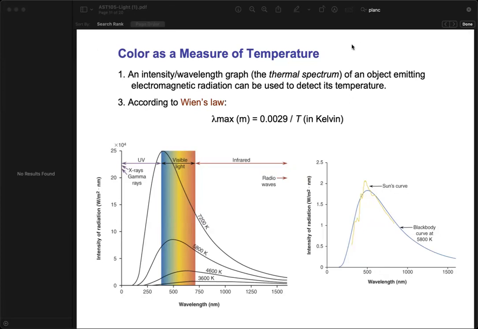With your knowledge of algebra, you will see that we can take the temperature to the left-hand side and bring lambda to the right-hand side. So then it would look like this: temperature is equal to 0.0029 divided by lambda max.